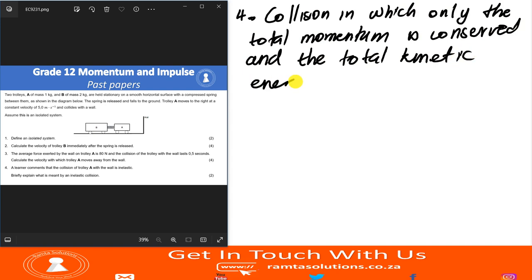This is what this student means. Okay, this student means that total momentum is conserved, but the total kinetic energy is not conserved. This is what the student means by saying the collision is inelastic.